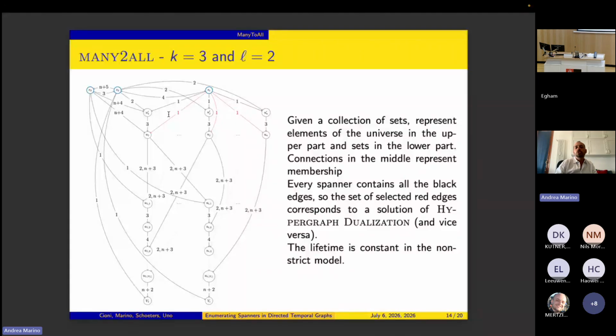The choices of red edges correspond in a one-to-one correspondence to minimal hitting sets. So this implies that if you make an output-sensitive, output polynomial algorithm for the many to all case, then you solve a big open problem in enumeration, because you are also providing an output polynomial algorithm for hypergraph dualization, so minimal hitting set enumeration.